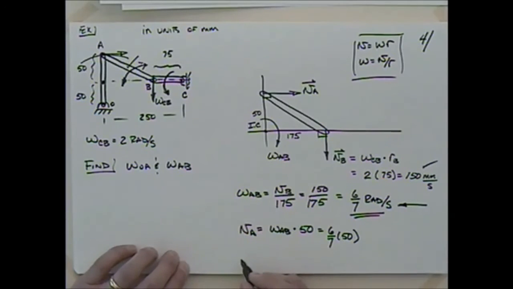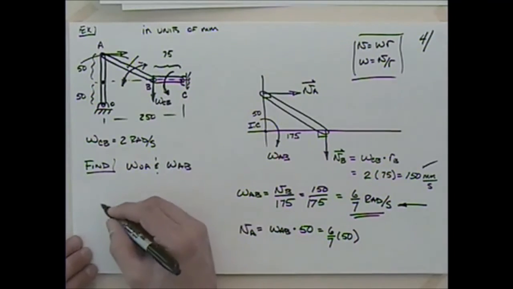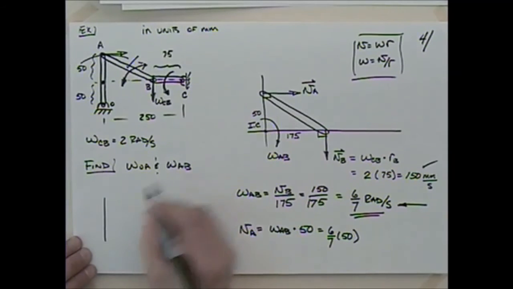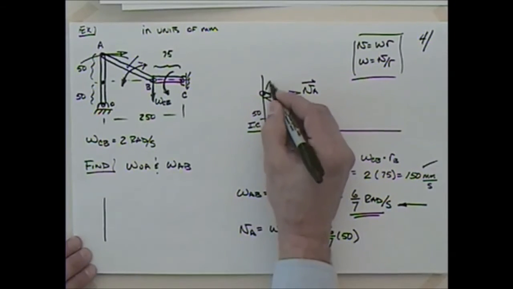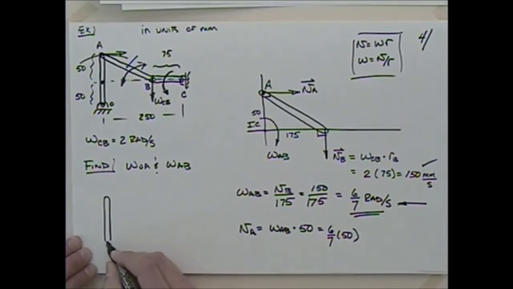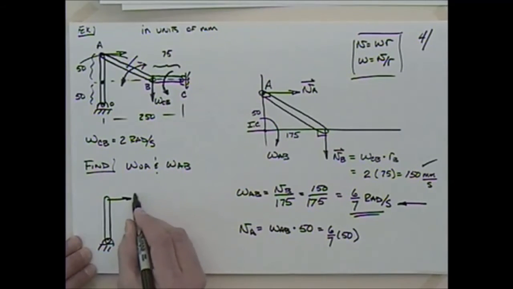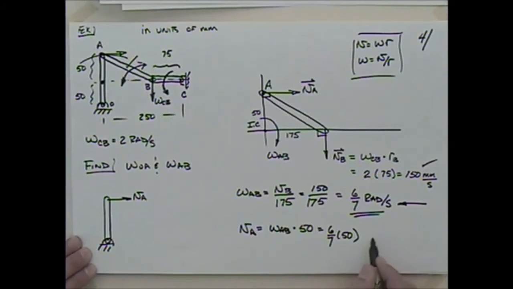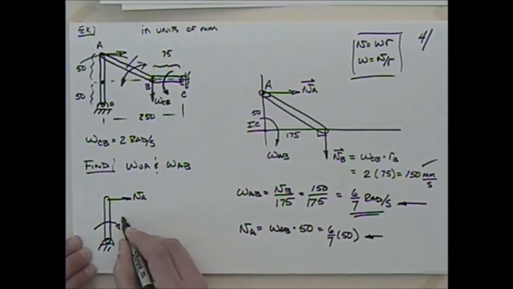What I really want is to come over and look at a picture here. If these are pinned together, if this pin at A is going through both of these pieces, I really know that if I take the velocity of A that I just found, I can get this omega OA, can't I?